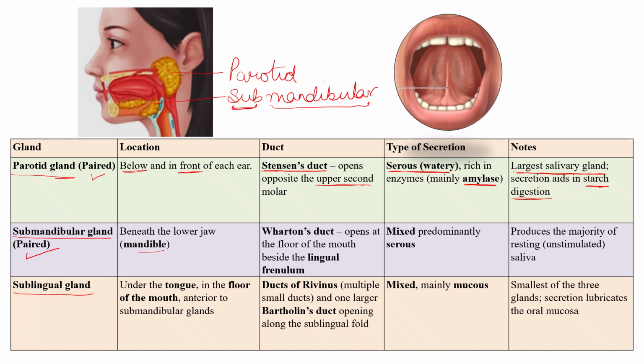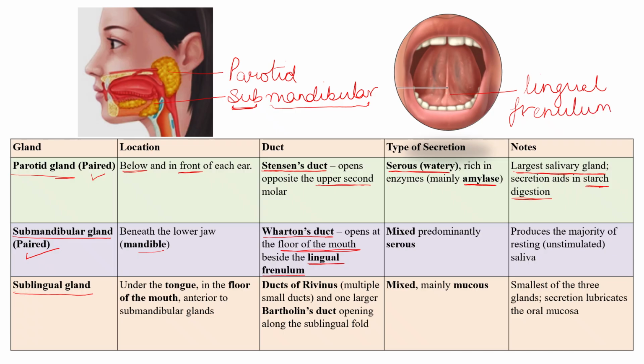And via Wharton's duct, it opens at the floor of the mouth beside the lingual frenulum. Now, what is lingual frenulum? This is a fold of mucous membrane. You can see this is the lingual frenulum.